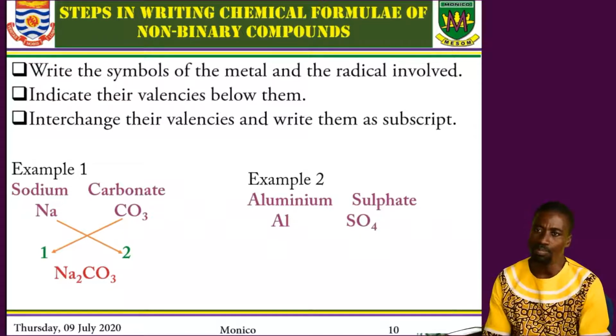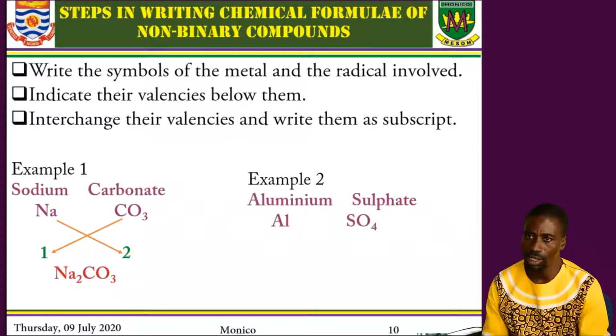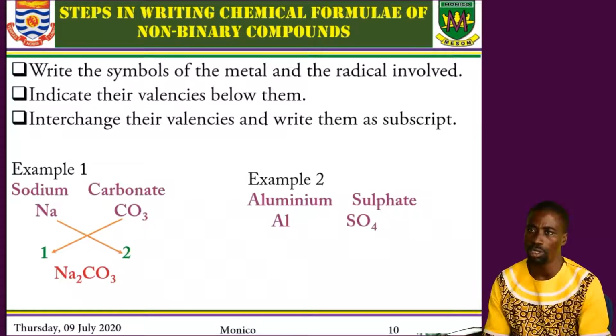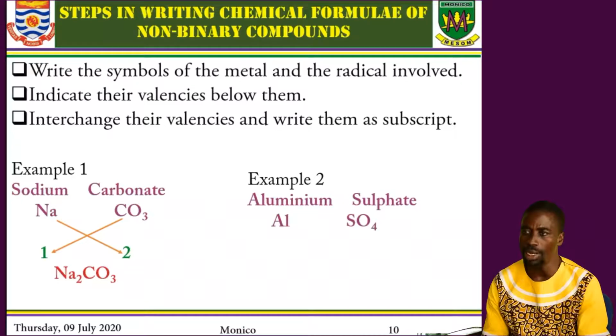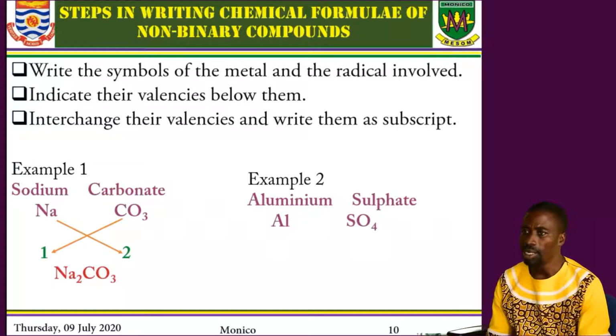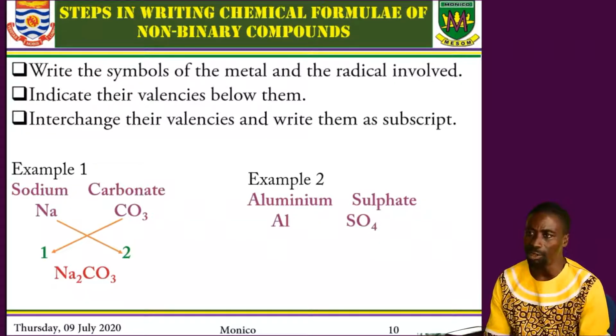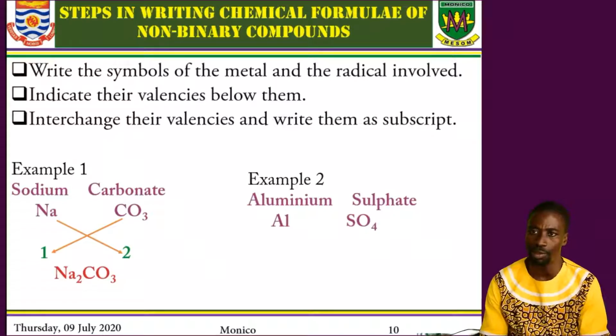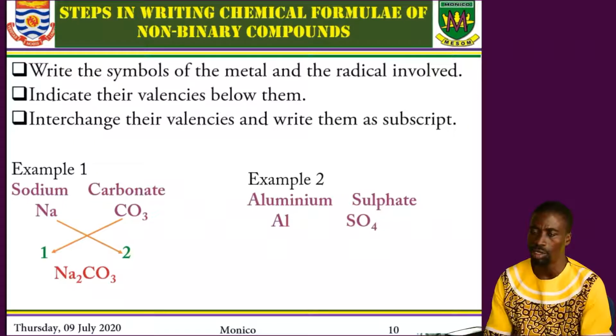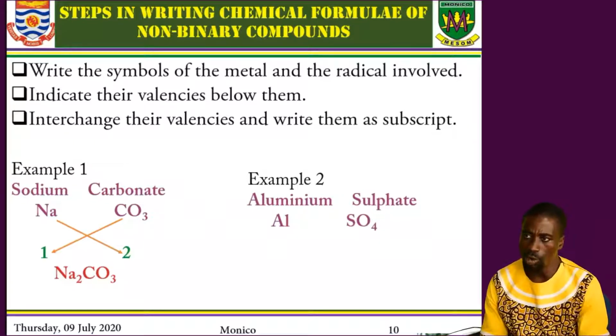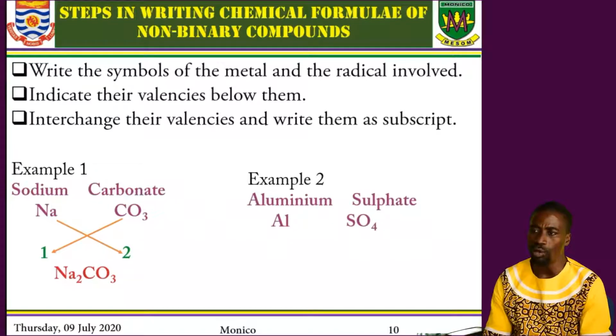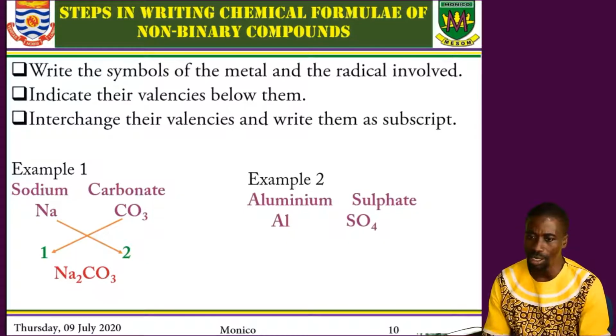Now the same process that we went through to know it for the carbonate, we go through the same thing. And so here again, sulfur has 6 electrons. It is number 16 on the periodic table, and its outermost shell has 6 electrons. And so if sulfur is bonding with 4 atoms of oxygen, it will go with 6 electrons.